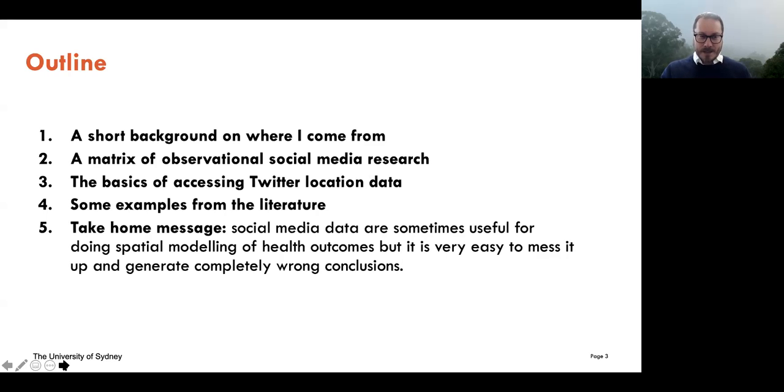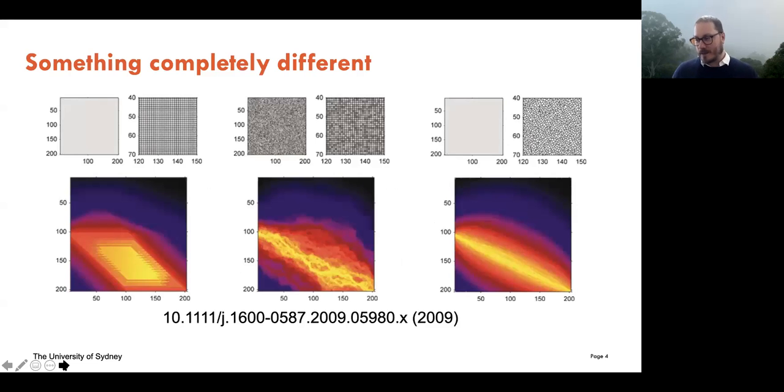So let me start off with something completely different. One of the interesting things to know about me is that I did my PhD in modeling of bushfires. I think that's relevant to the center and probably a little bit interesting given that I work in biomedical informatics and digital health now.